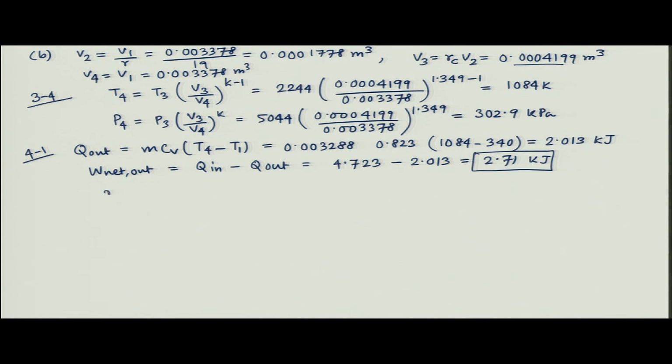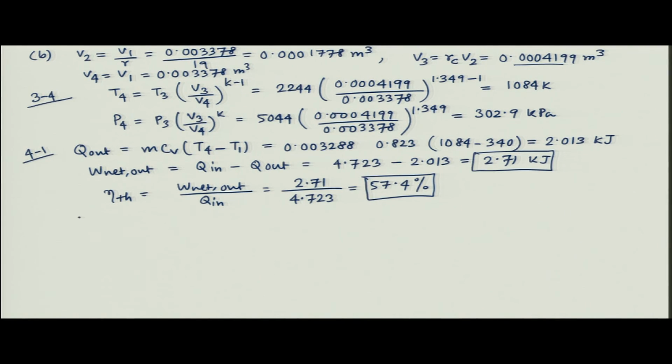Now, we can find the thermal efficiency of the cycle, which is net work output upon Q in, right. So 2.71 divided by 4.723 gives 57.4%, which is the thermal efficiency of the cycle.